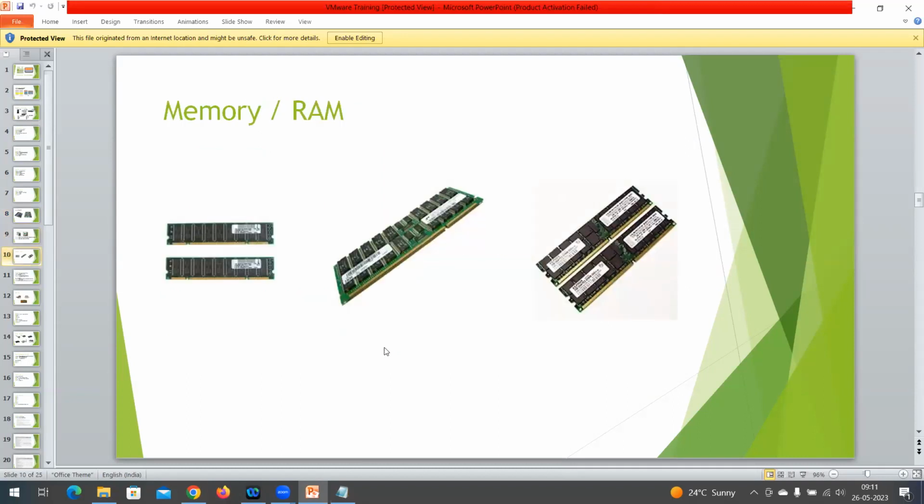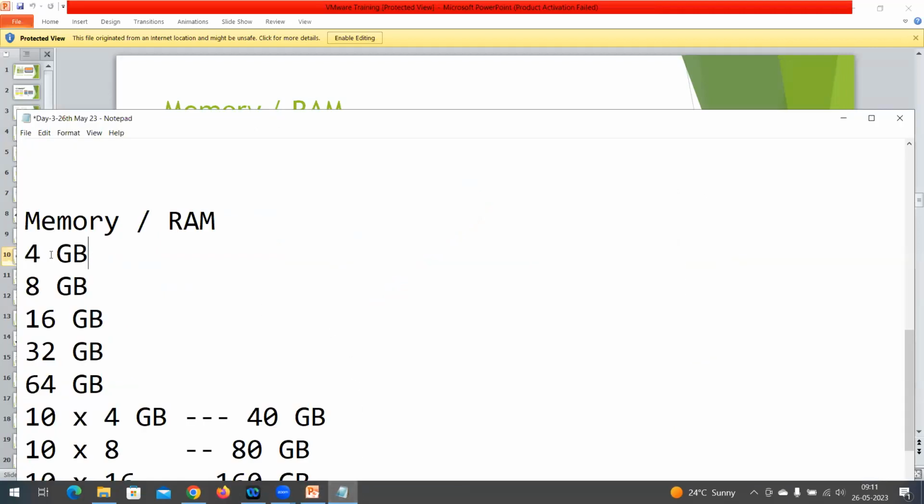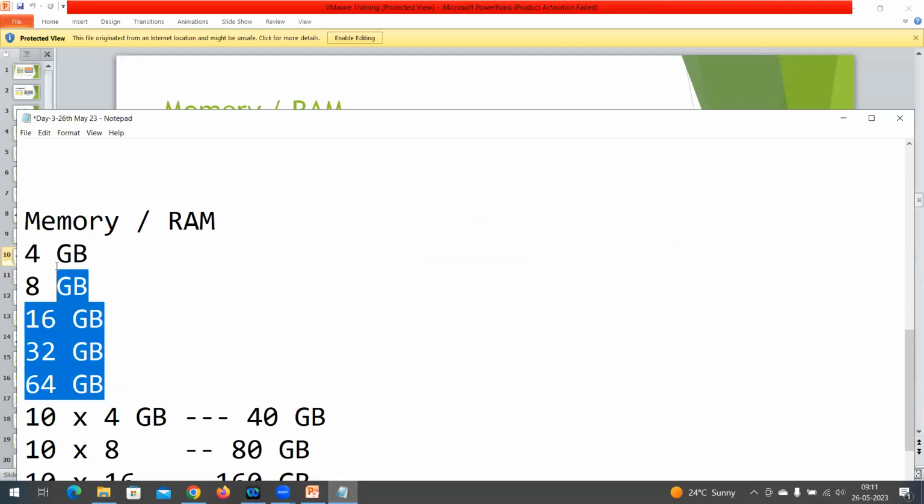This memory module has ECC, error correction check. That is one of the server memory module features. Server memory modules come in different configuration sizes like 4 GB, 8 GB, 16 GB, 32 GB. Why is there this difference?